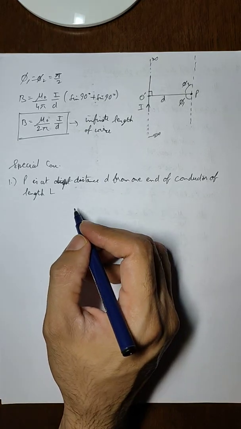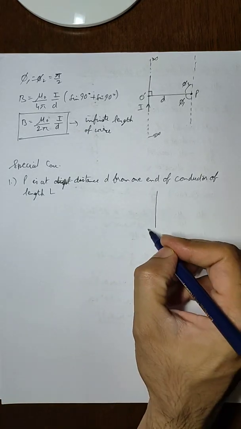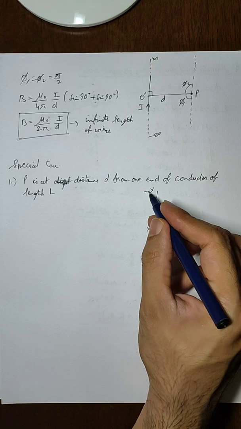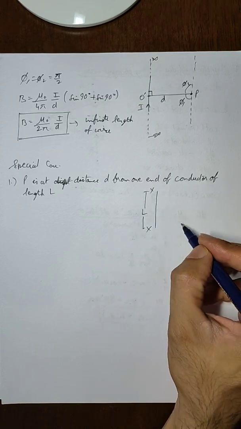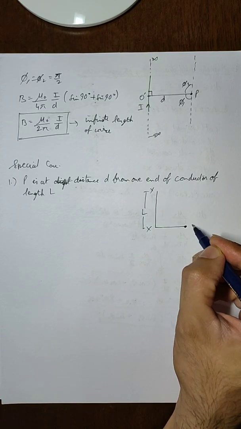It will look something like this. This is X and Y. This conductor has length L and point P is at distance d from one end.